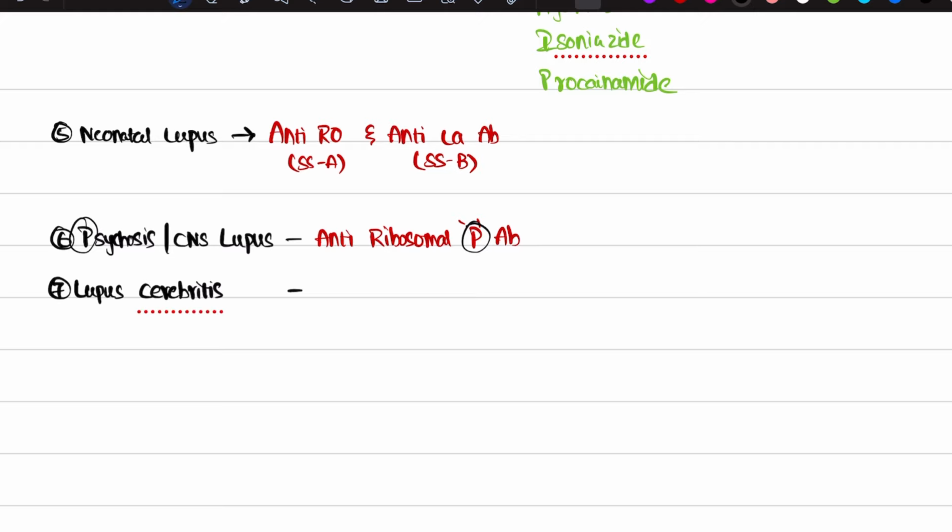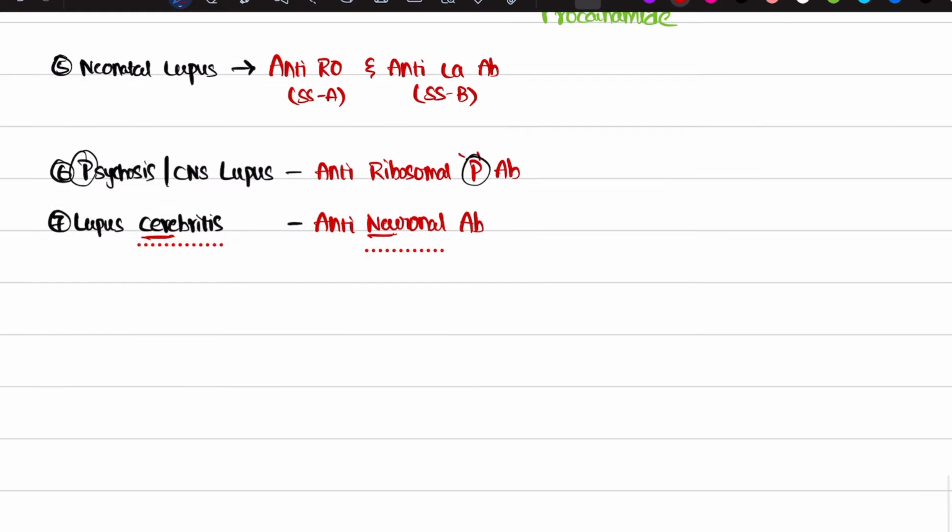Lupus in the cerebrum causes cerebritis. This is caused by anti-neuronal antibodies. Ab means antibody. We can also remember this one very easily by neuronal. Neuronal focuses mainly on the brain, and the cerebrum is also brain. So this is how we are going to remember this one.